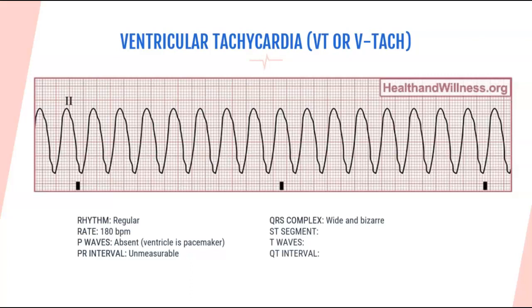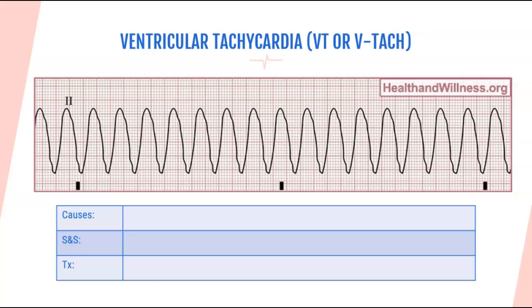Our QRS complex is wide and bizarre. The ST segment is unmeasurable because we don't have any T wave and it doesn't come back down to that isoelectric line. Our T waves are hidden in that QRS complex, and our QT interval is therefore unmeasurable. So our interpretation is ventricular tachycardia.